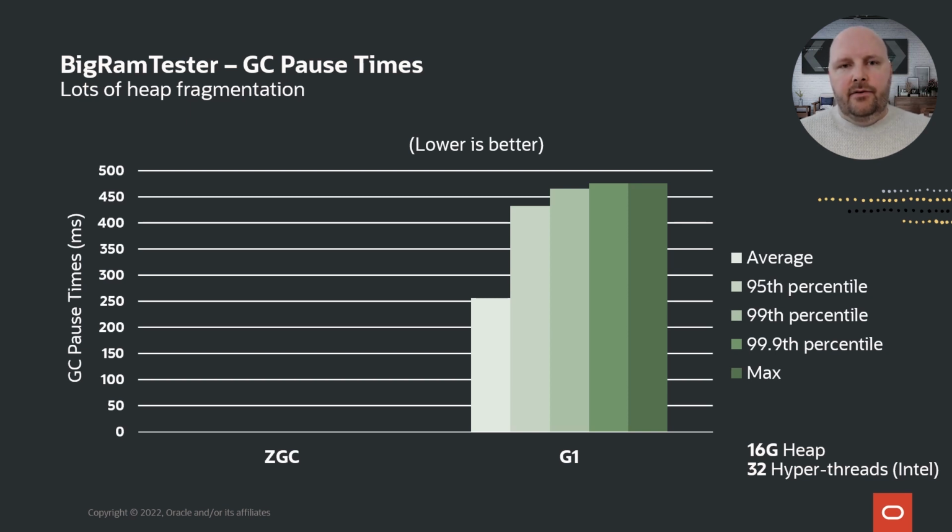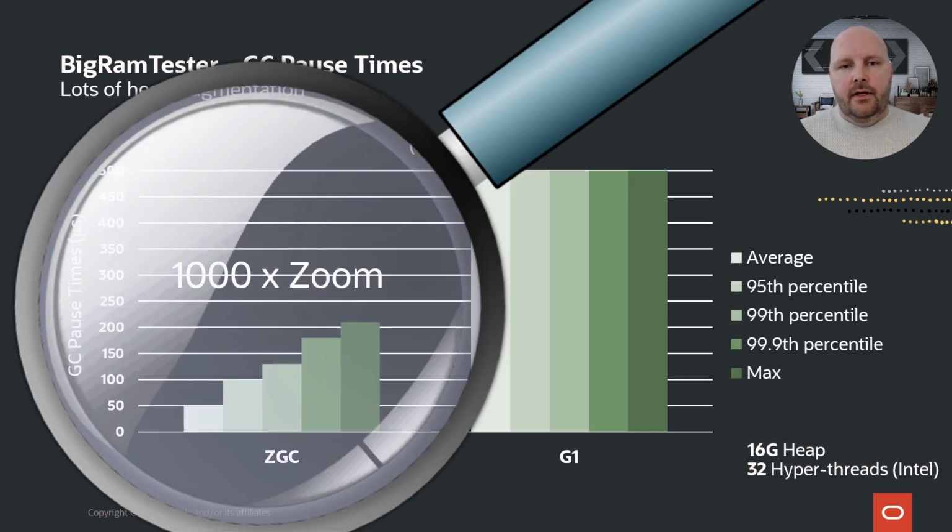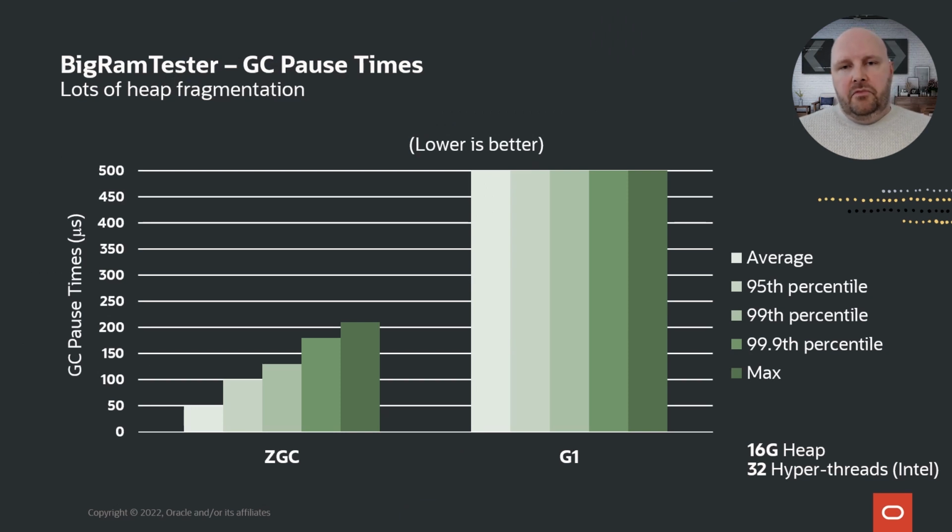And again, I need to zoom in by a factor of 1,000. In other words, convert the scale from milliseconds to microseconds, and we see ZGC pauses averaging around 50 microseconds or so. Max pause time around 200 microseconds. So again, pretty nice.